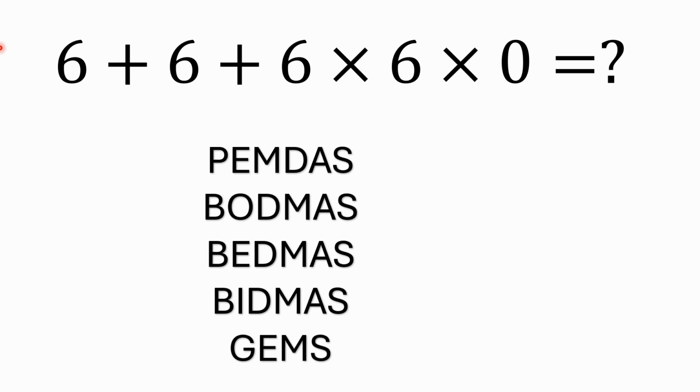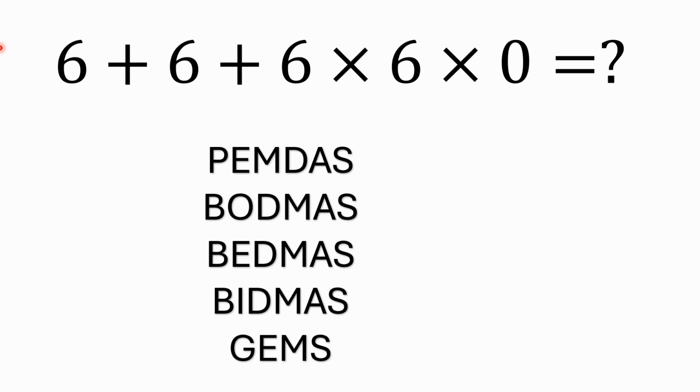Some people have memorized acronyms like PEMDAS, BODMAS, GEMS, there's other ones. Doesn't really matter. They all represent the same thing. Basically, in North America, you look at parentheses, then exponents, multiplication and division, then addition and subtraction. It's only 4 steps, not 6.